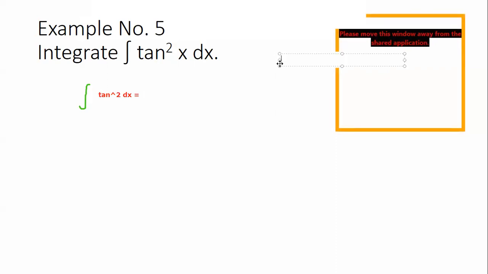From the Pythagorean identity, sine squared x plus cosine squared x is equal to 1.